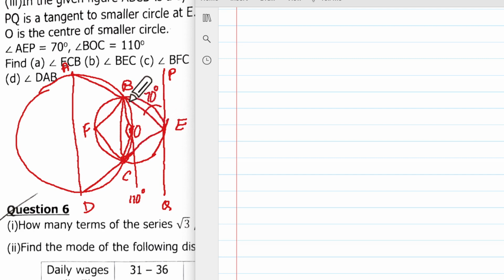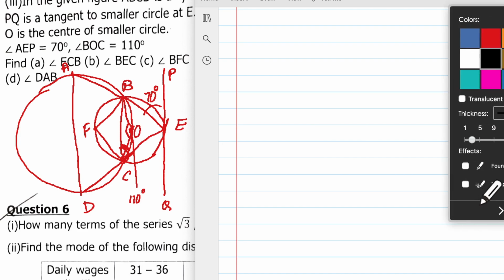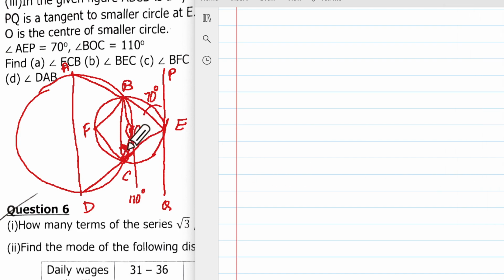ECB. This one. I think I'll use another color. It's going to be so difficult otherwise to know what's happening. This is the first angle. EC, this one.